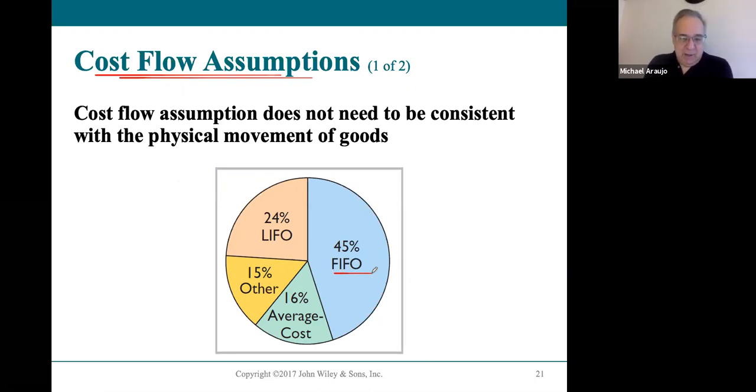Almost half of the companies out there use the FIFO method. The first inventory in is the first inventory they cost out as cost of goods sold. As you see, LIFO comes in a distant second. About a quarter of all companies use the LIFO system. The last inventory coming in the store is the first inventory they cost out. Average cost and the other methods fill in the remaining gap.